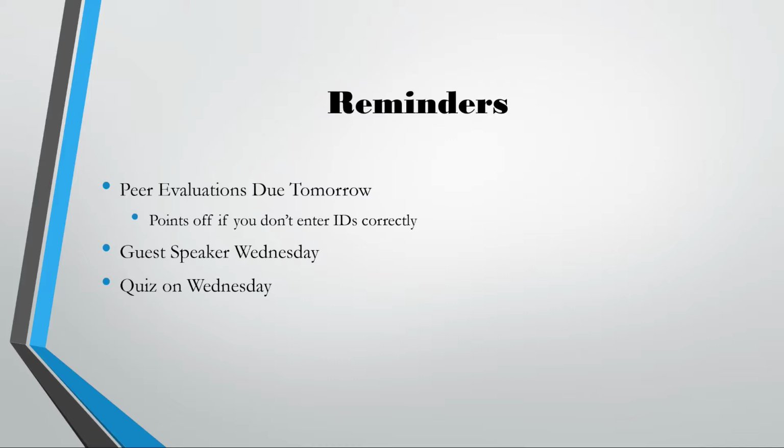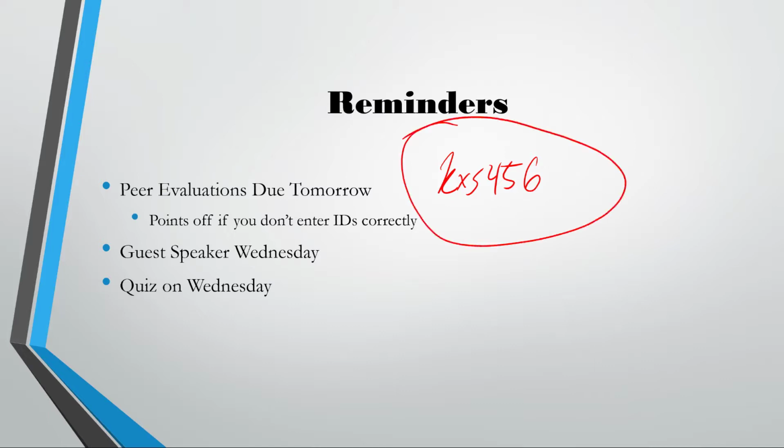So if, for instance, mine is kxs456@psu.edu, and somebody was entering my ID, they'd just do kxs456. Okay? It's not the number that's on people's cards. It's this here. If you don't do this, you're going to get points taken off.